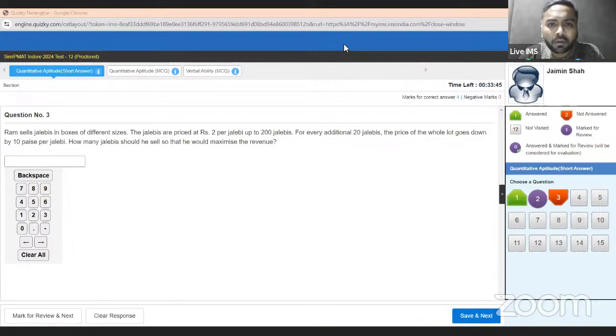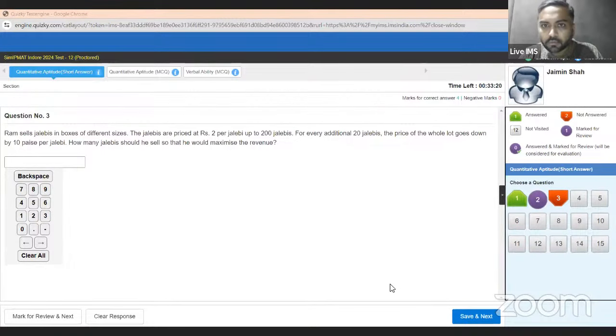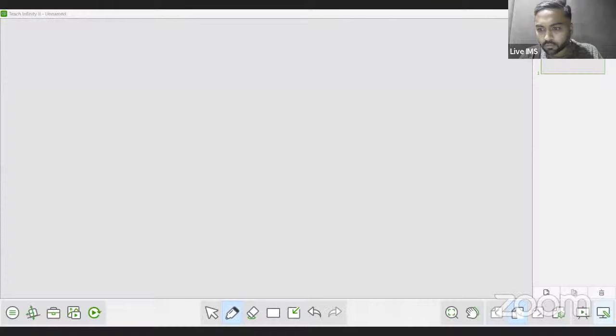What happened? The solving is not visible. Just a minute, guys. Is the screen visible now? Is the question paper visible to everyone?